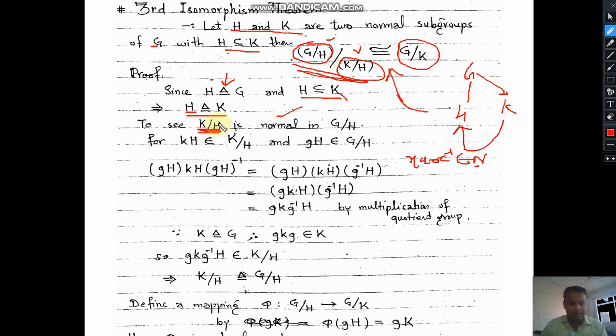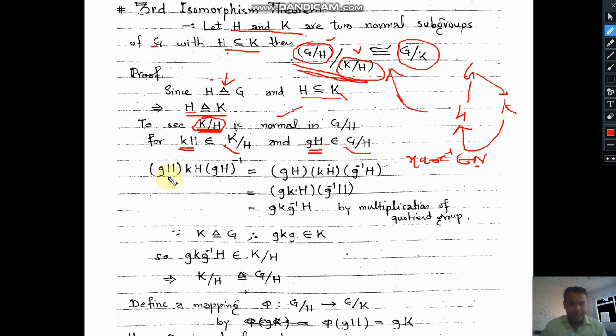As we know, a quotient group is the set of cosets, left cosets or right cosets. Here we are discussing only left cosets. So here we have assumed two elements, from K/H and G/H. This is the definition of quotient group, in which we take the elements from left cosets. So kH belongs to this quotient group and gH belongs to this one. We have assumed these two elements.